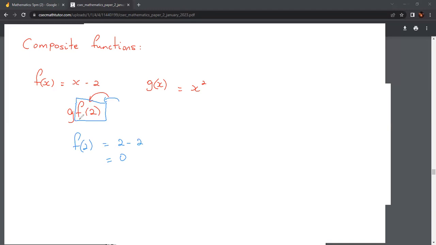So instead of f of 2, I'll have 0. So g of f of 2 is actually the same as saying g of 0, because f of 2 is 0. So wherever I have x in g of x, I could substitute 0 there. So it will just be 0.